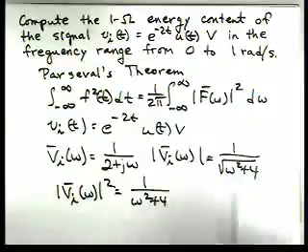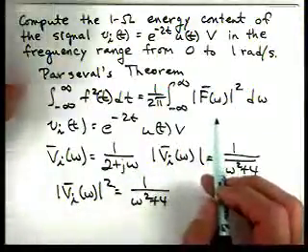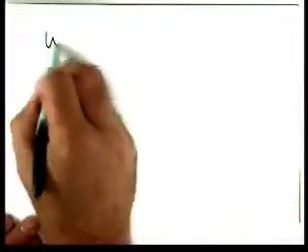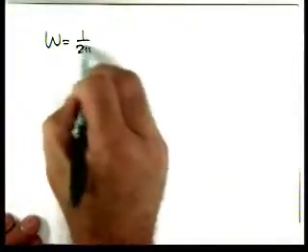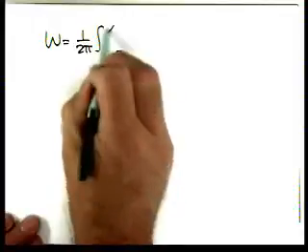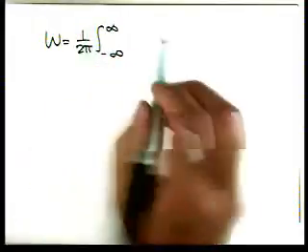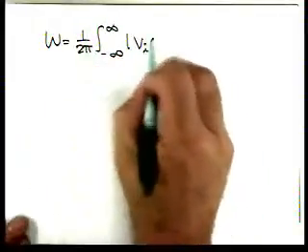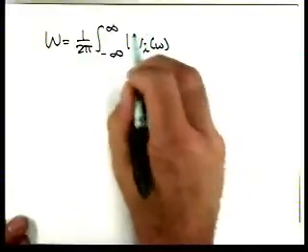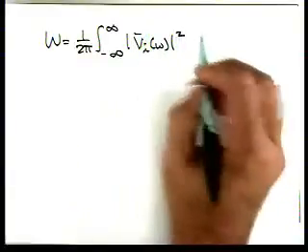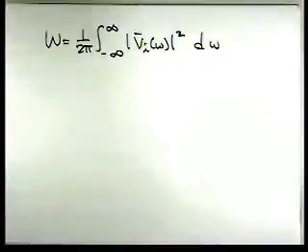Okay, so now, using this Parseval's theorem, we have W is 1 over 2 pi integral from minus infinity to plus infinity of the magnitude of Vi omega squared d omega.